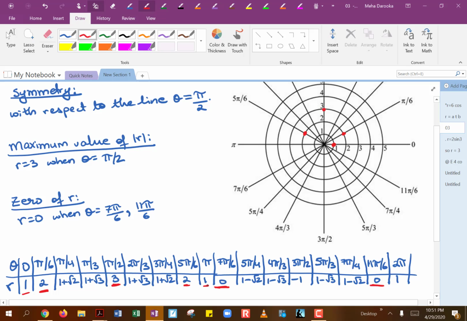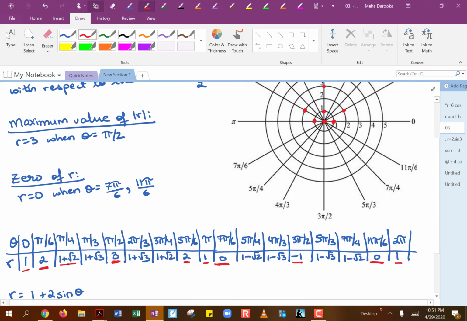And then at pi, it's 1. 7 pi over 6 is 0, which is going to be right here at the origin. At 3 pi halves, it's at -1, so that would actually be over here. 11 pi over 6 is at 0, again at the origin, and then at 2 pi, we are back at 1.